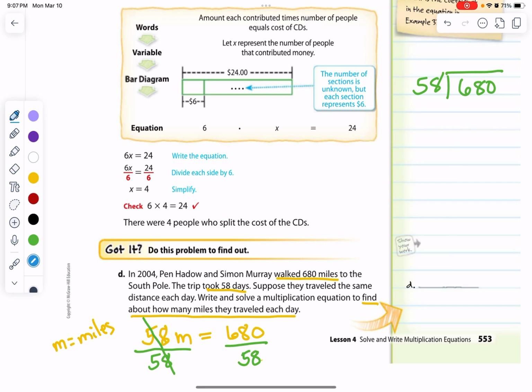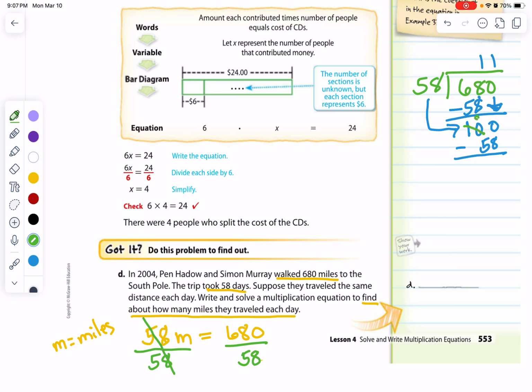58 goes into 68 once. 1 times 58 is 58. Subtract. 6 minus 5 is 1. Bring down the 0. Now 58 into 100. Still only goes once. 1 times 58 is 58. Subtract. 0 minus 8, can't do that.